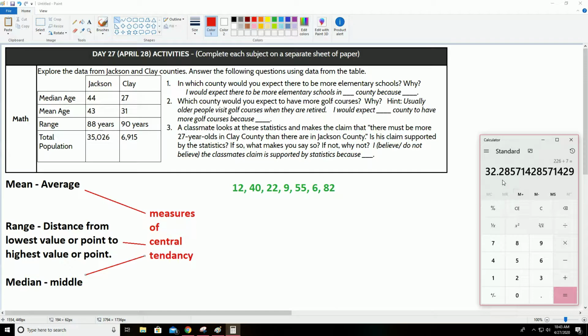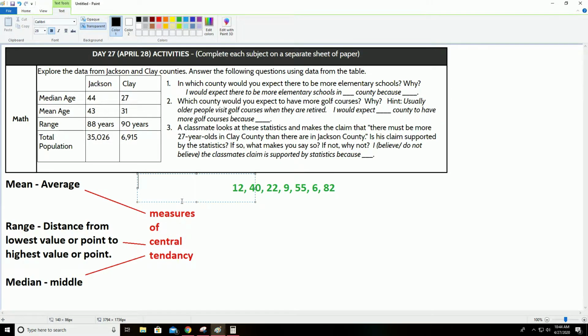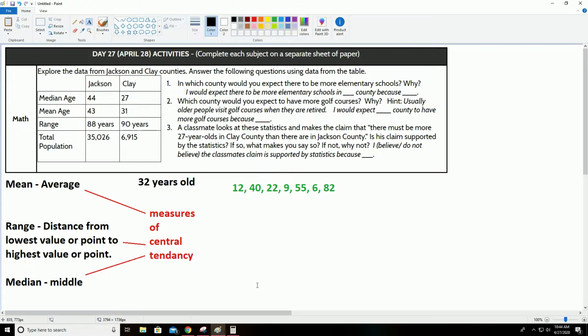So just a little bit over 32 years old, not quite 32 and a half. So that would be how we could find the mean. Let's put that on here. We'll round down, so the mean age would be 32 years old. Okay, this is just an example.